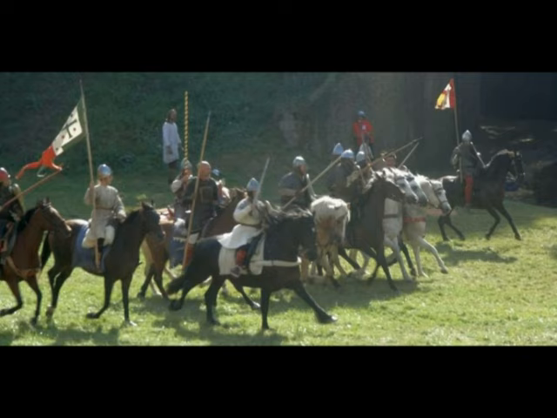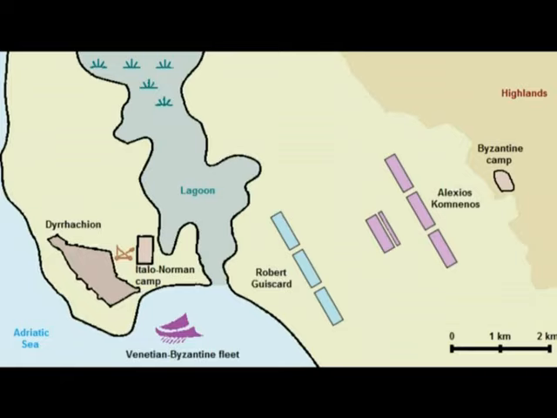There was also this effort the day before the battle from the Byzantine side to attack the Norman camp simultaneously, as we'll see, from the sea, but also from the salt marshes. There is an interesting article on academia.edu that tries to locate properly the salt marshes of Dyrrhachion in 1081.